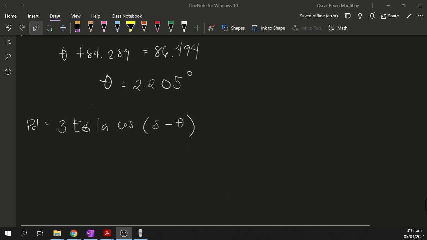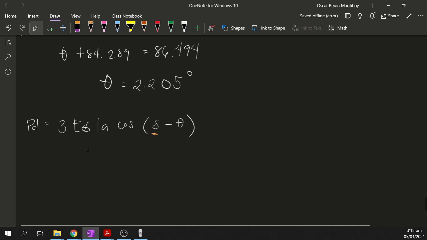Okay. So, gagamitin natin ngayon yung ating kinuha. Ngayon, tatanungin nyo, sir, paano itong sigma? Is the sign of the sigma positive talaga, or is just the magnitude of the displacement between A phase and V phase?